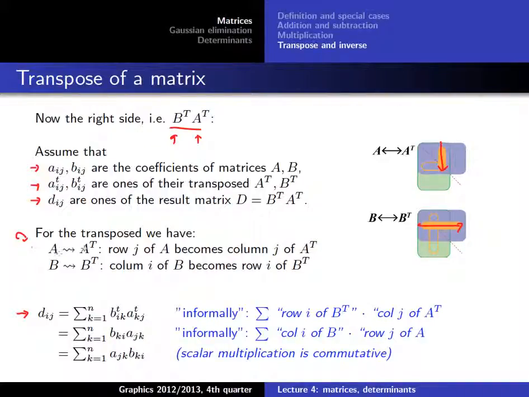If we create the transpose of A, the row j of A becomes the column j of A transposed. And the column i of matrix B becomes the row i of the transposed matrix. So if we want to have the row of the transposed matrix, we have to look it up in the column i of the original matrix. So we have to look it up here.